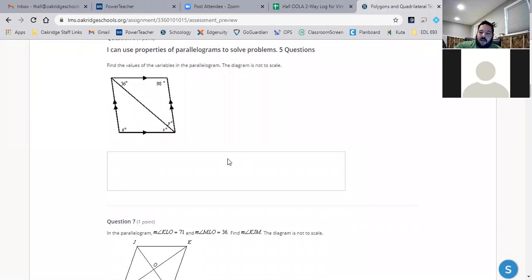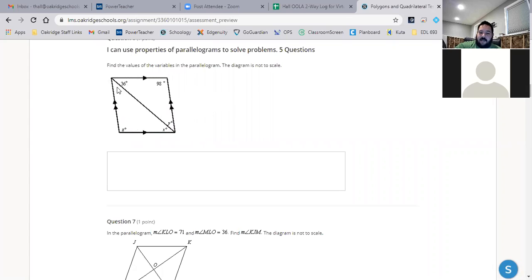Then we looked at parallelograms. And we talked about certain properties of parallelograms. Parallelograms are a four-sided shape where opposite sides are parallel and opposite sides are congruent. We also looked at that the diagonals bisect these angles.